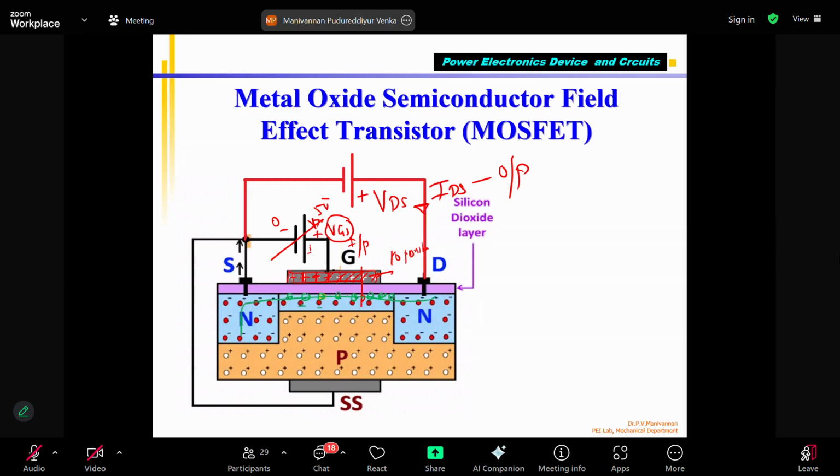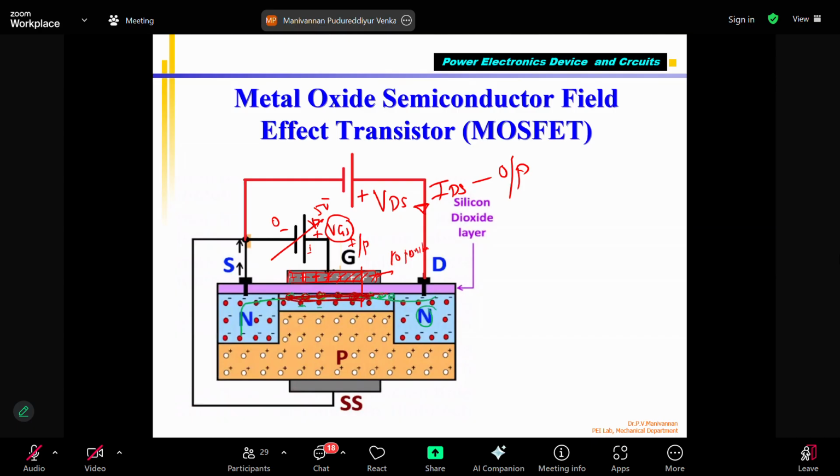So the electrons collected from the N material, which were dispersed randomly, will be attracted below the gate terminal here.